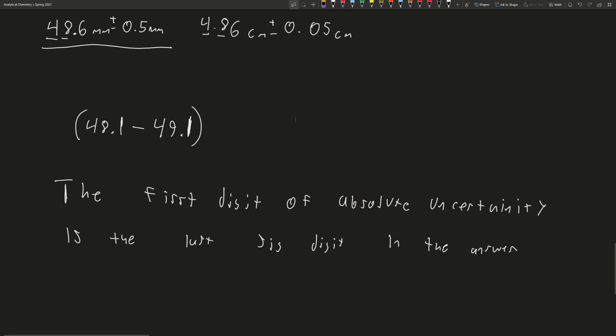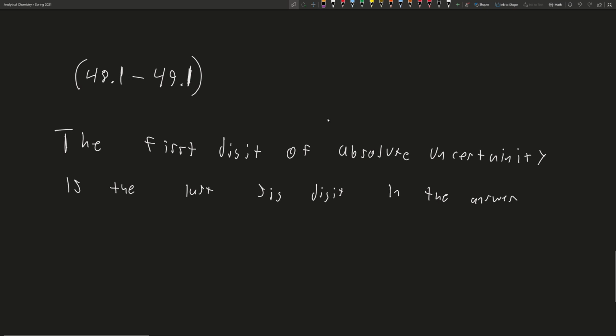And so what do I mean by that? Let's say we had the number 0.54321 and the uncertainty associated with it is 0.0002. We see that this is in the 1, 2, 3, 4 place. That would mean that this digit right here is the last uncertain digit, or the last significant digit in the answer.